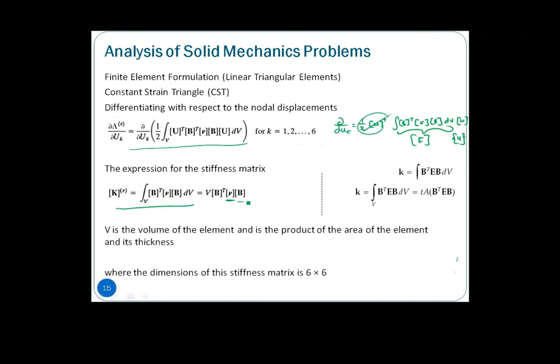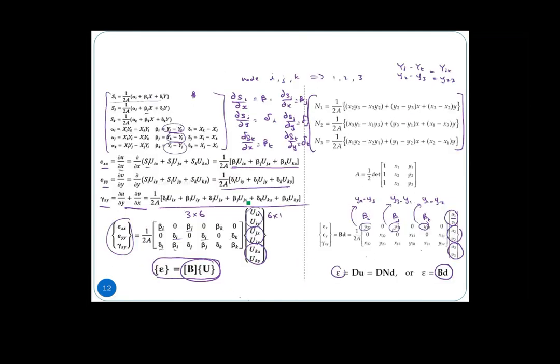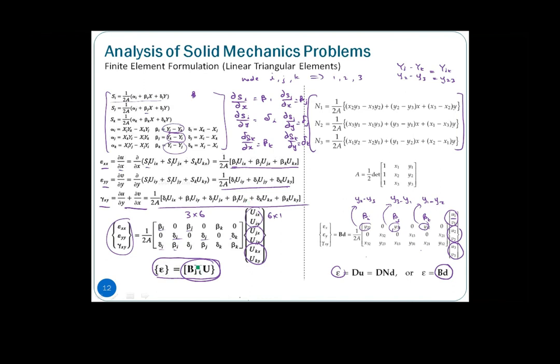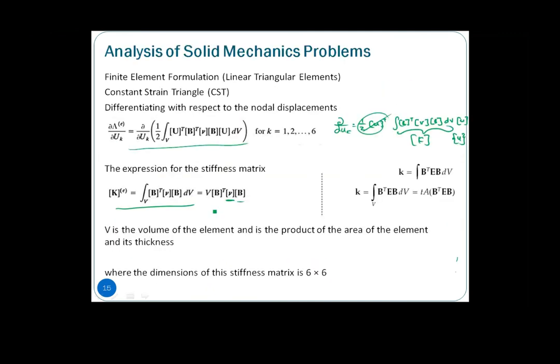Just now we determined that B is a 3 times 6 matrix. Our material properties matrix under plane stress is 3 times 3, so the transpose is 6 times 3. So we end up with a 6 times 6 K.